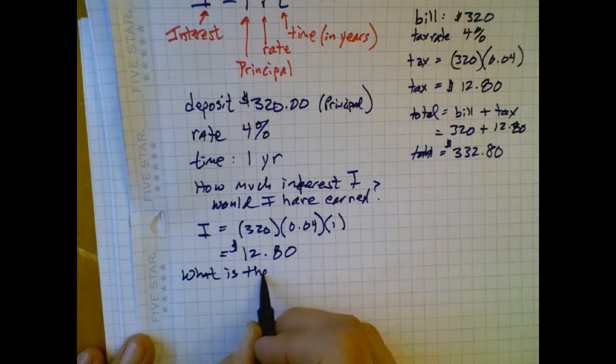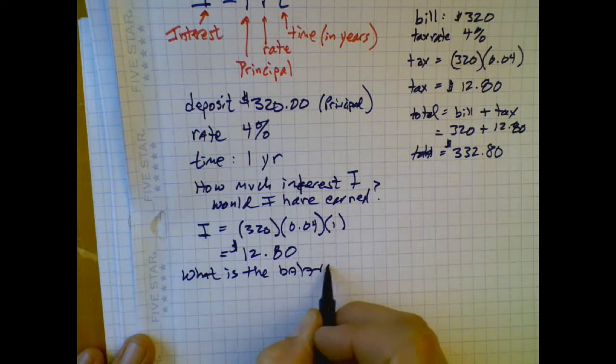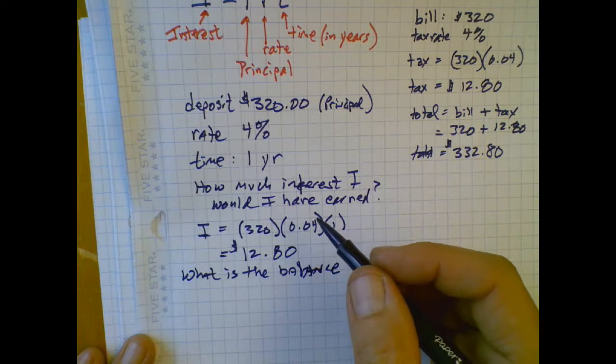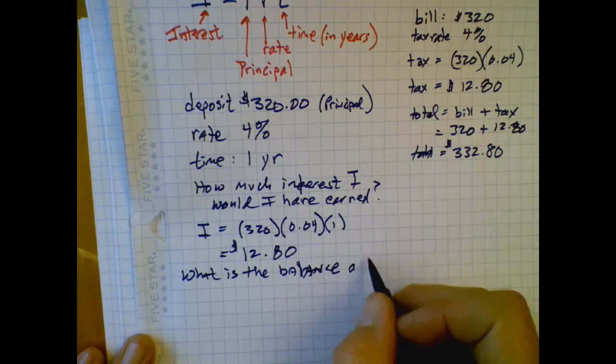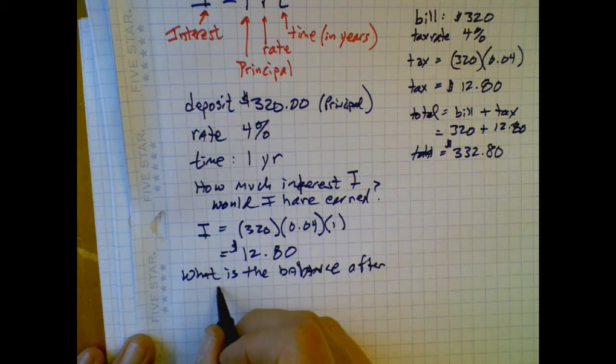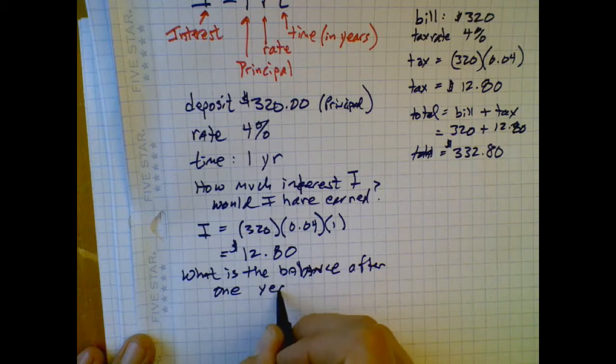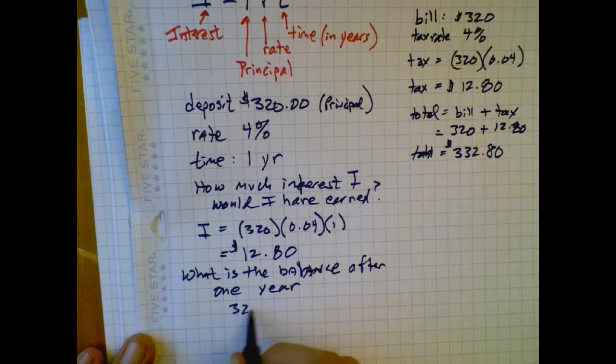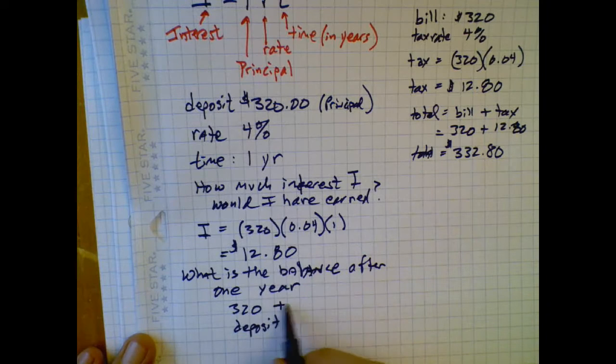But if I asked you the question, now what is my balance? What is the balance in my account? Remember, balance is the current amount of money that's held in the account. What is the balance after 1 year? Well, I stuck in the $320, did I not? Right? And that I stuck in the bank, right? And after a year, I earned this much interest. So this is my interest.